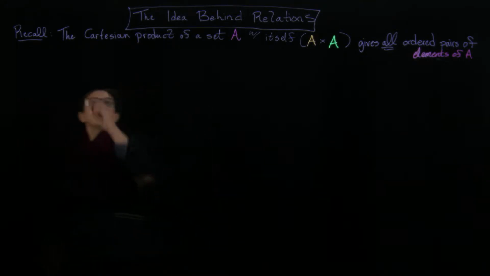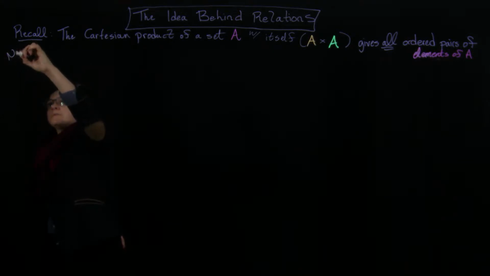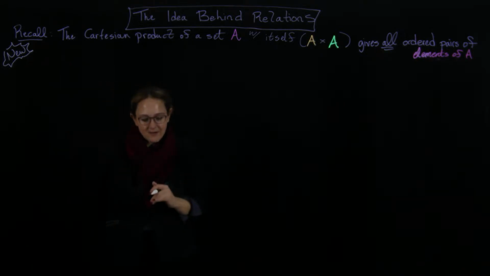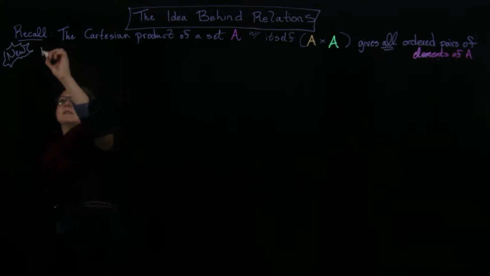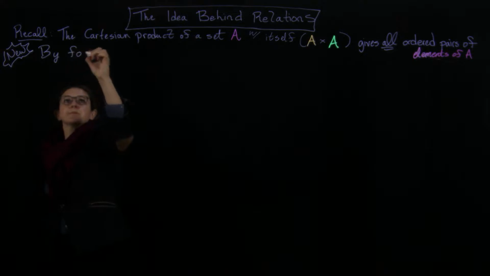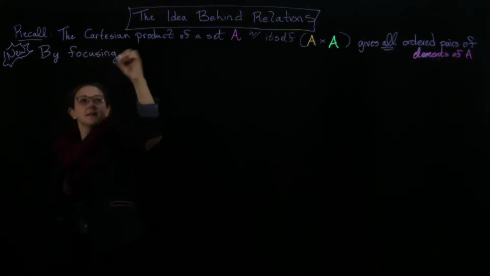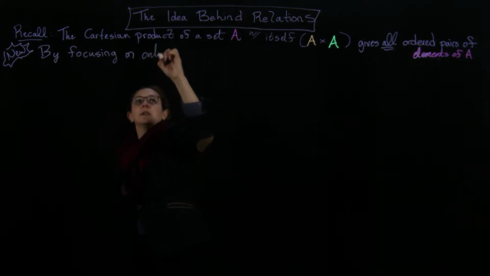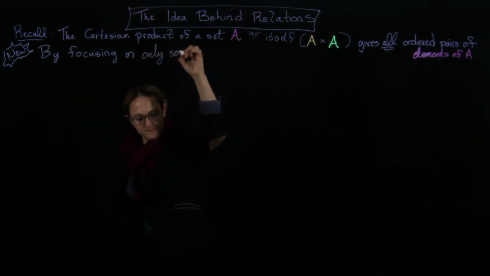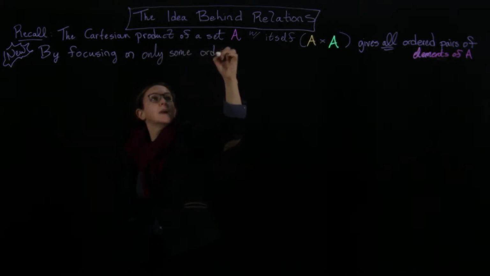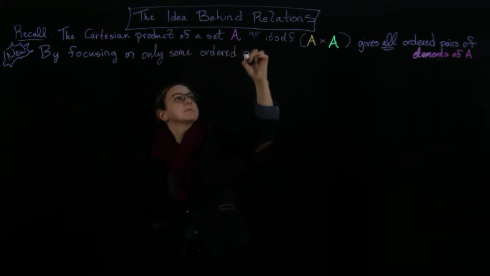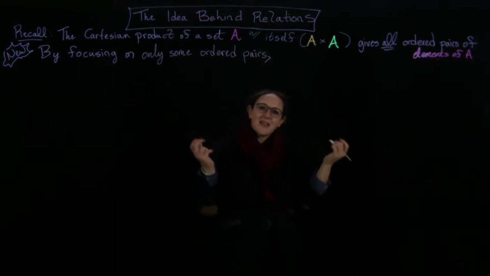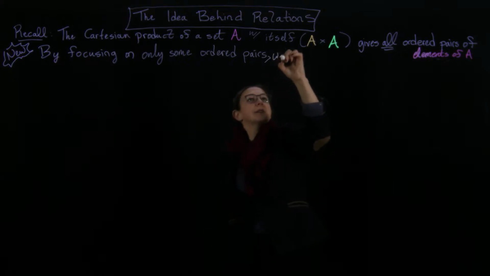Now, what we're going to be talking about is that by focusing on only some ordered pairs, we can understand how elements of A relate.